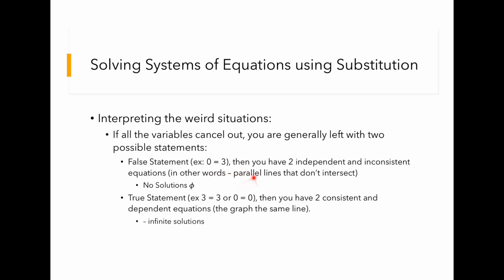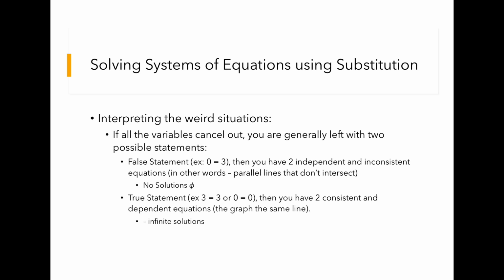In other words, they're parallel lines that don't intersect. They're independent, meaning they're different equations, different lines. Inconsistent means they don't share any points. And so these are two parallel lines, and since parallel lines never intersect, at least according to Euclidean geometry, we would say there's no solutions for this set.